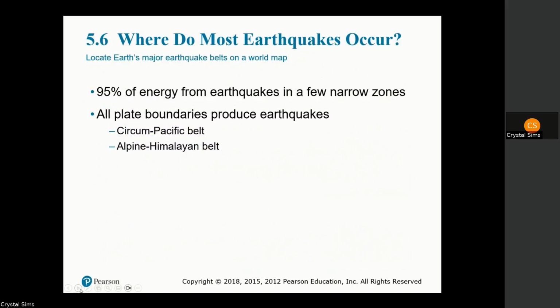In your book on page 142, there's a link to an animation of the tsunami that was generated off the coast of Sumatra in 2004. This was a particularly devastating tsunami, killed hundreds of people. It happened around Christmas Day. I think it was on Christmas Day, and our time, I think it was December 26th there.